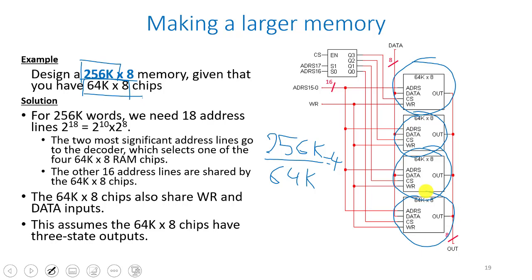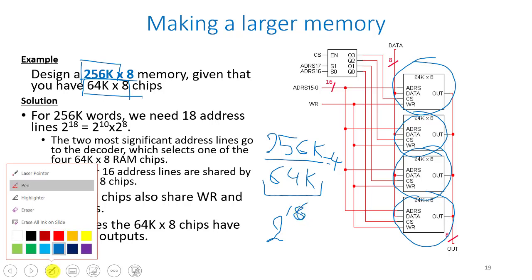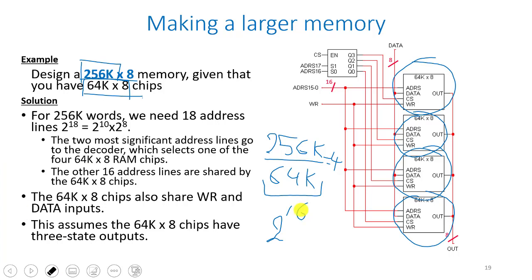Now, 64K is 2 to the power what? 2 to the power 18. Sorry, 2 to the power 16. Okay, let me fix this one. It is 2 to the power 16.